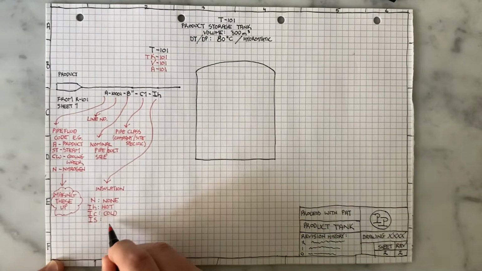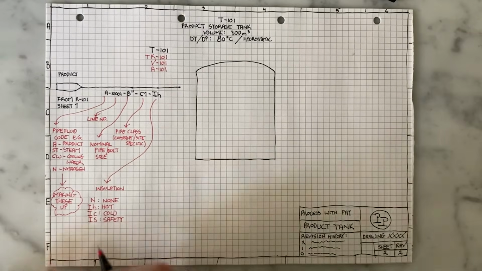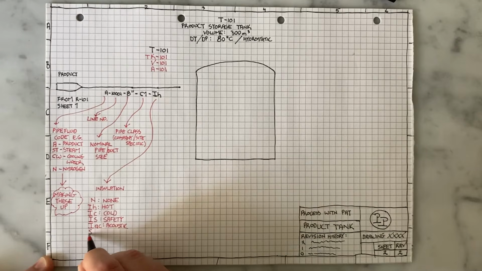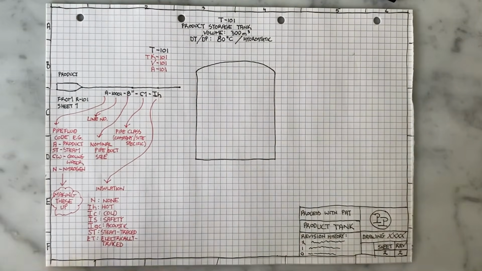I could also be insulating the pipeline not to conserve heat or keep something cool, but rather because I'm more concerned for the safety of the people on the plant. I don't want them to touch it by mistake and get an injury. Similarly, I could have acoustic insulation to dampen the sound of the flow inside the pipe with no regard for the temperature of the fluid inside. I can also steam trace or electrically trace pipelines in order to keep them hot.